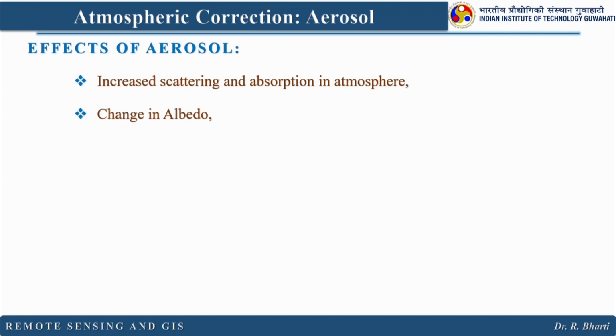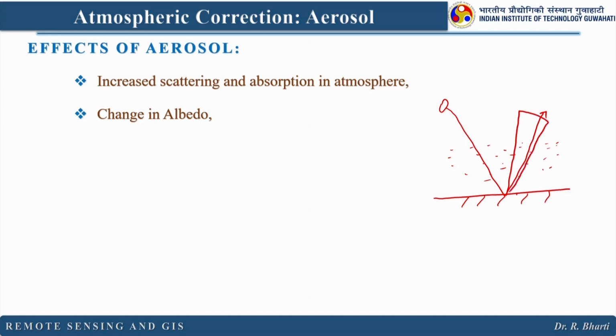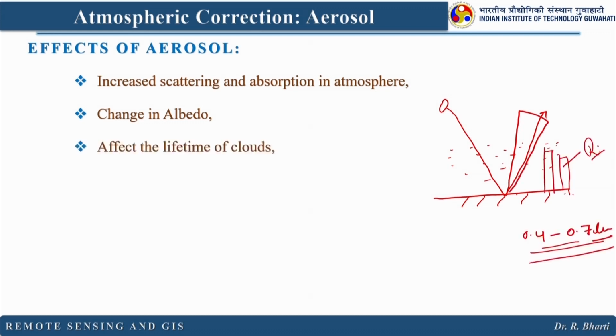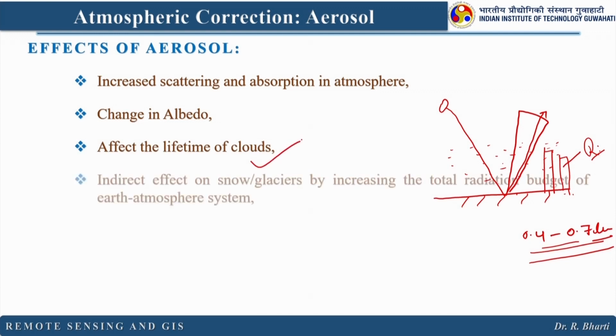So, if you see, this is your surface, this is the source, it is illuminating your surface and light is getting reflected. In case you have more haze or aerosol here, this measurement, which we refer to as albedo, a broadband reflectance, is affected. It also affects the lifetime of the cloud.